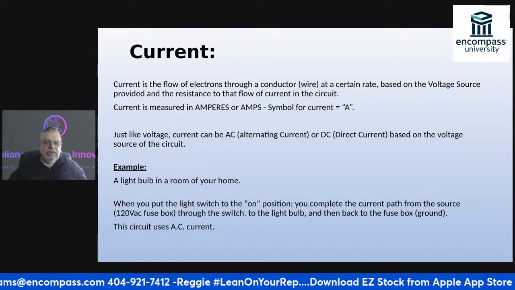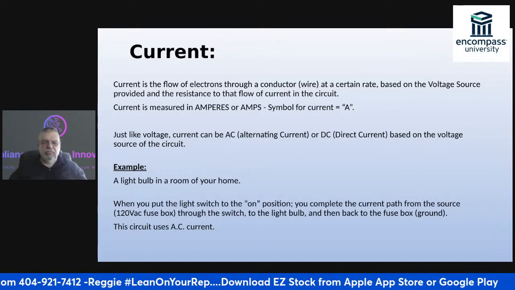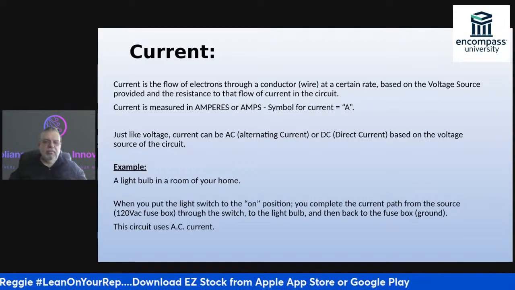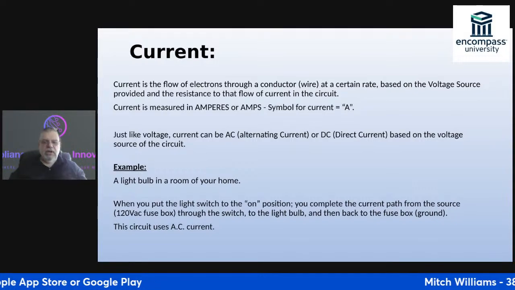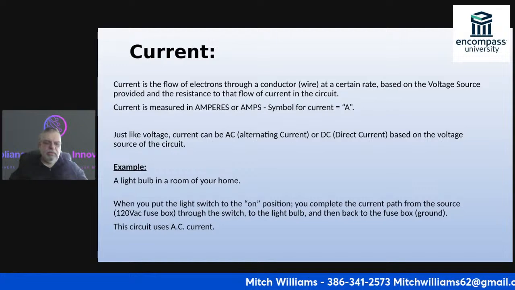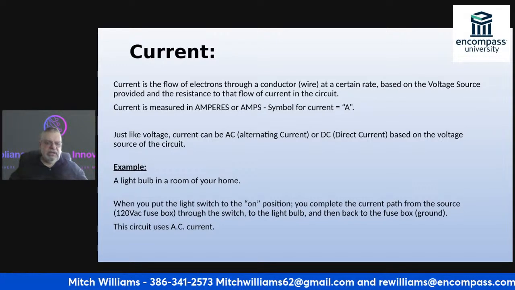When you put the light switch in the on position, you complete the current path from the source, which is 120 volts AC from the fuse box, through the switch to the light bulb, and then back to the fuse box, which is the ground, the neutral side. The current uses AC current.